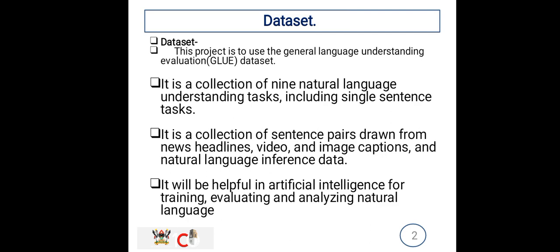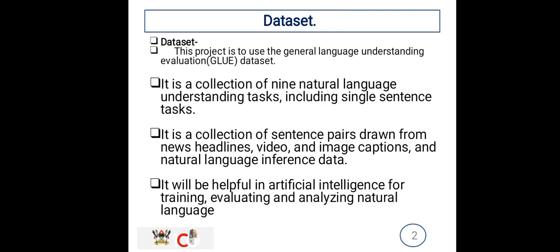The kind of data set we shall use for our project is the General Language Understanding Evaluation data set, which is also known as GLUE. You can abbreviate it as GLUE, as it is a collection of 9 natural language understanding tasks that includes single sentence tasks.